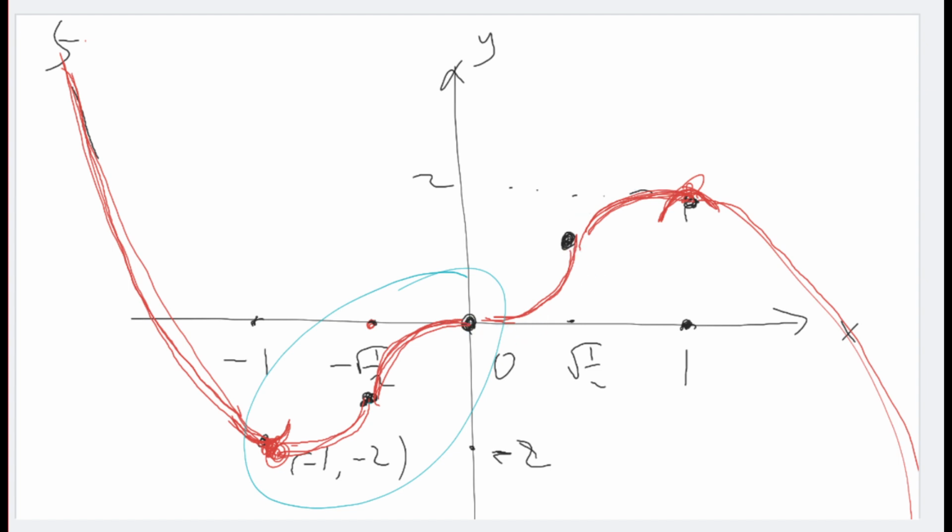All right. So this is how we rely on the derivative function to analyze the features of the graph of a function, and eventually sketch the graph of the function. Let's stop there.